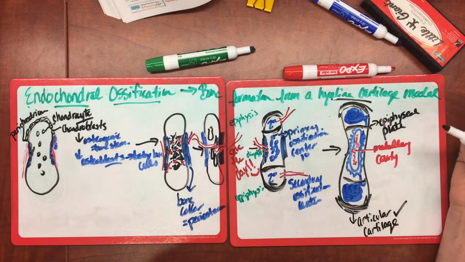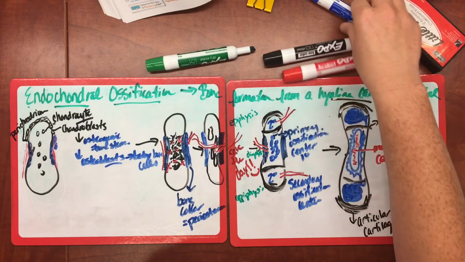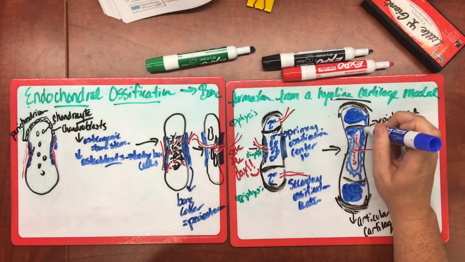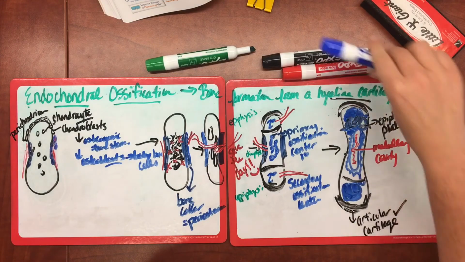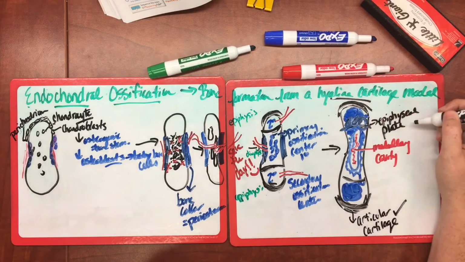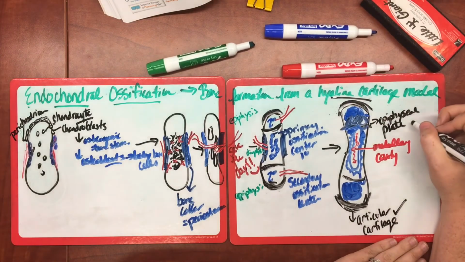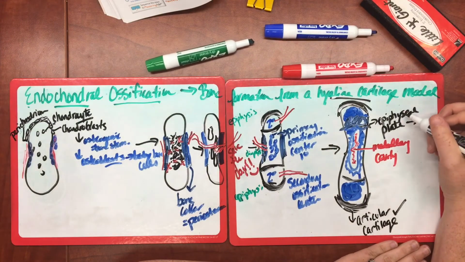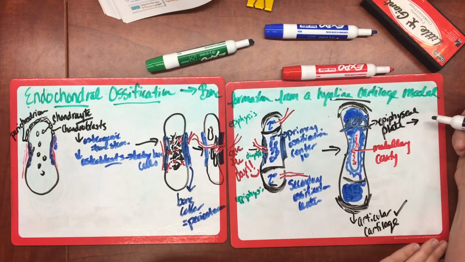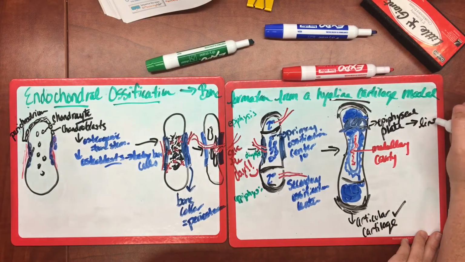Now, eventually, this is going to become calcified. These guys are going to take over, so that you no longer have cartilage left, and it's going to seal, and it goes from being called the epiphyseal plate to the epiphyseal line.